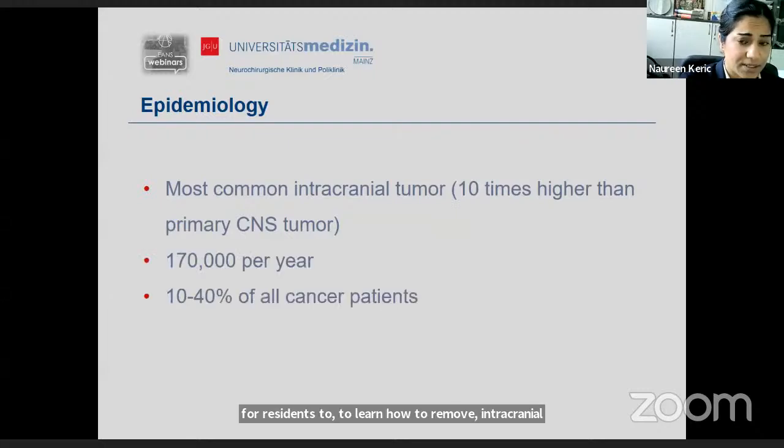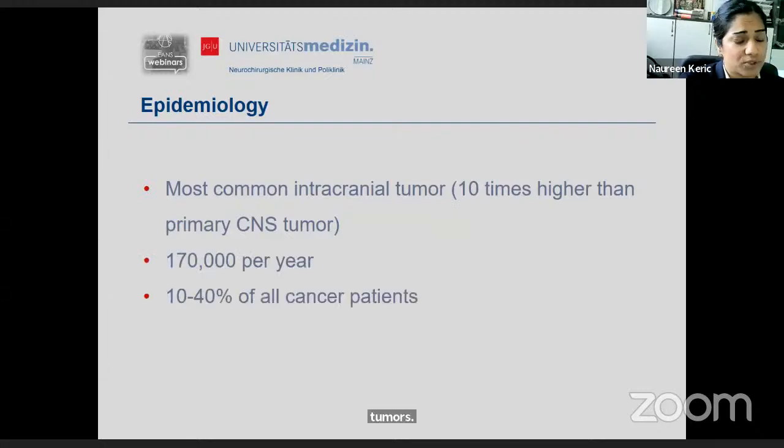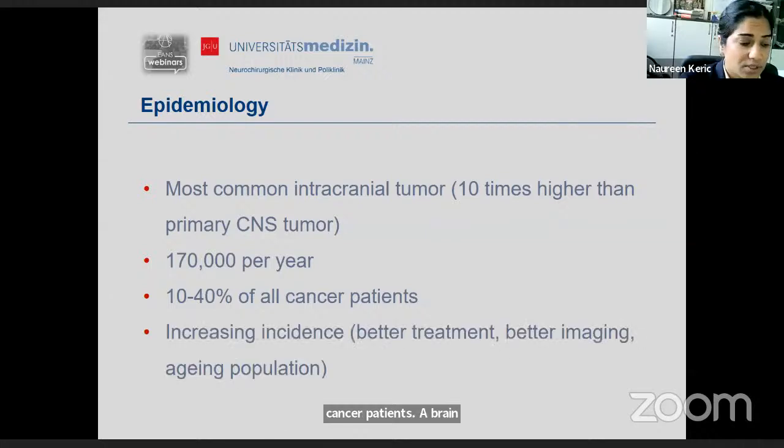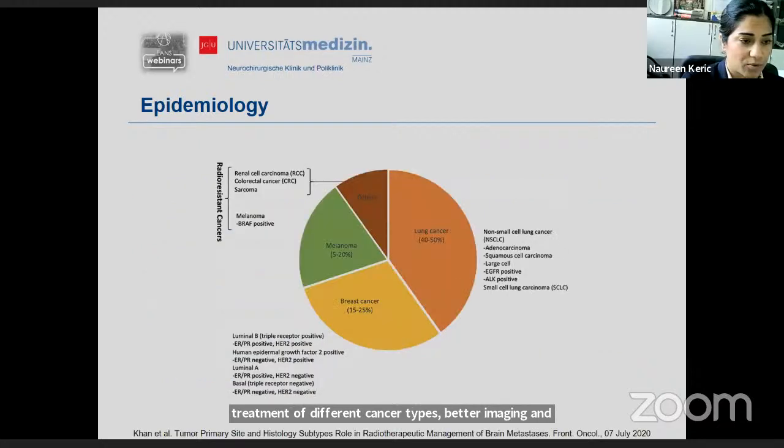It has a high incidence, and about 10 to 40% of all cancer patients have a brain metastasis during their life. So it has an increasing incidence due to a better treatment of different cancer types, better imaging, and also because of aging population. We have some cancer types which are most often associated with brain metastasis.